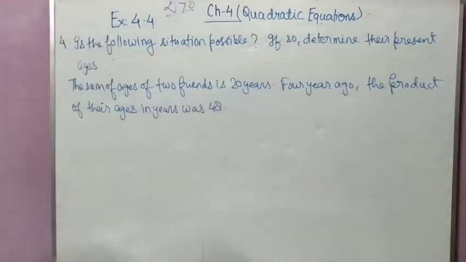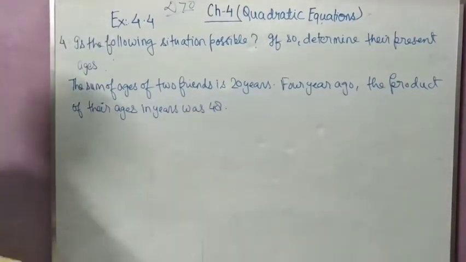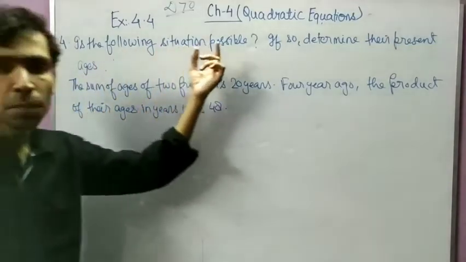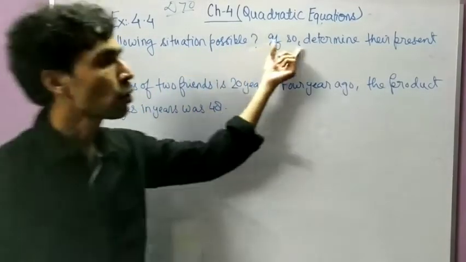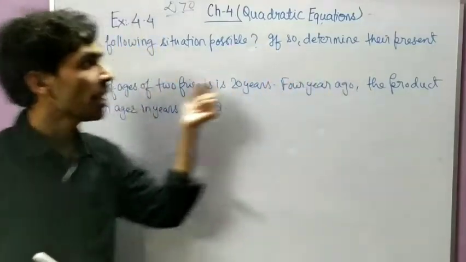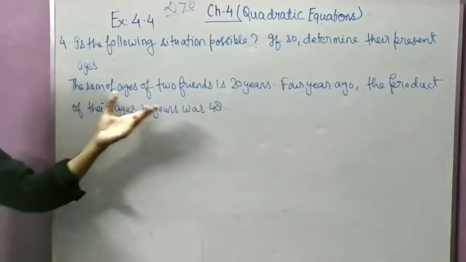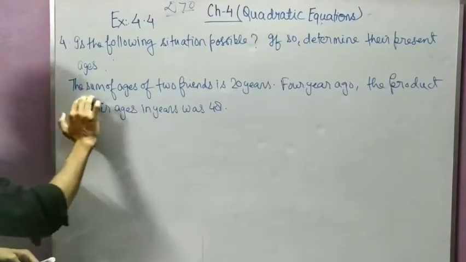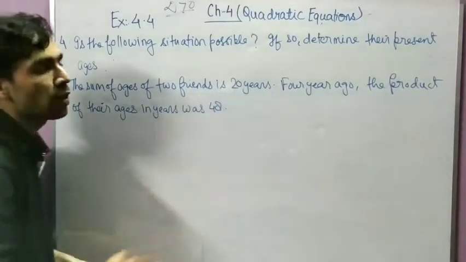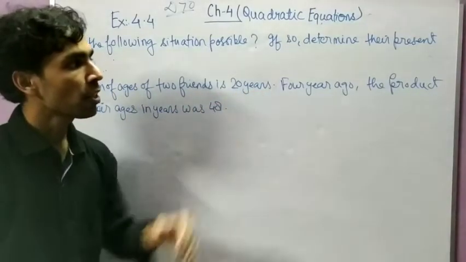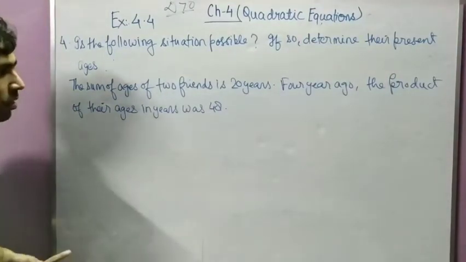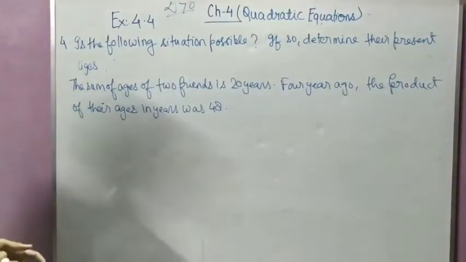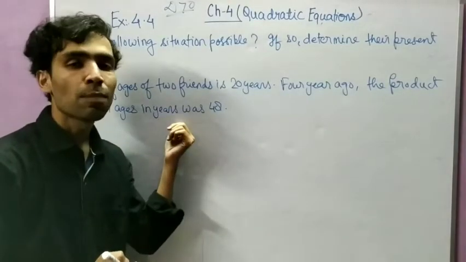Okay, this is the question, students. Now the question is, is the following situation possible? First you have to check whether it is possible or not. After that, if so, determine the ages of the two friends. Find their ages. So first we will check whether the condition is possible or not.